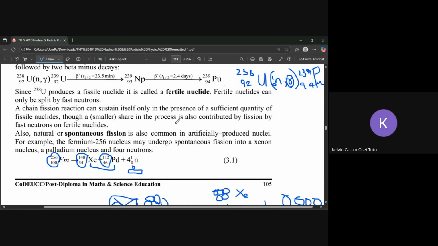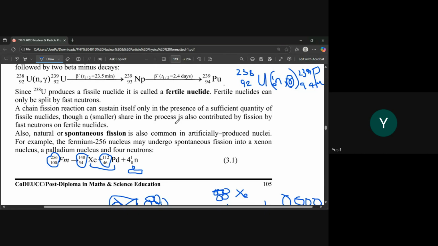From what you are saying, the fertile nuclide is part of the fissile nuclide. A fissile nuclide is a nuclide that can undergo fission reaction, and uranium is a typical example.